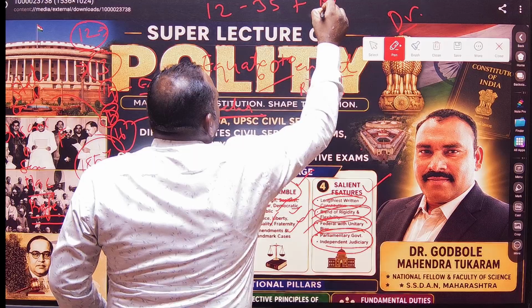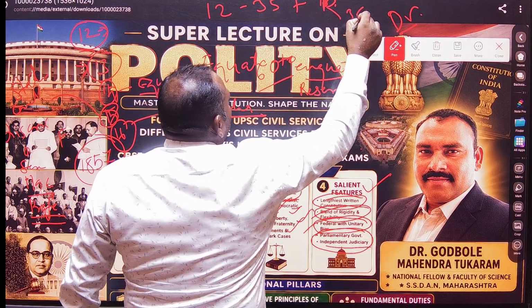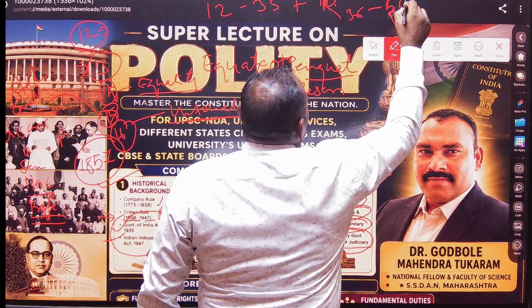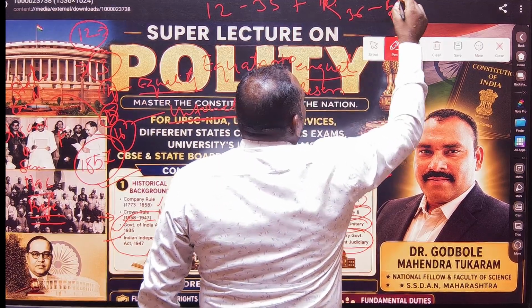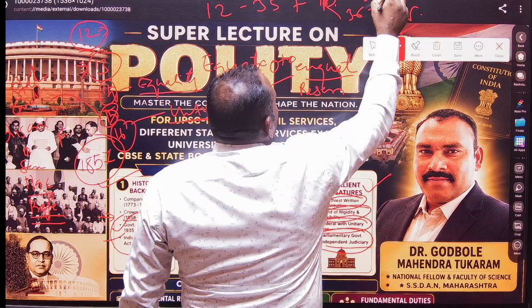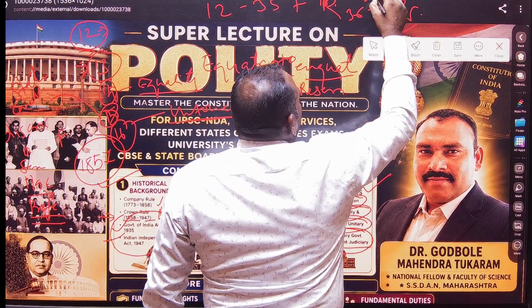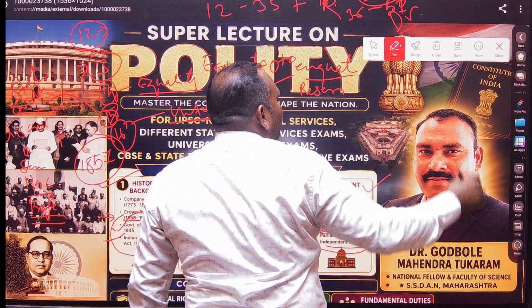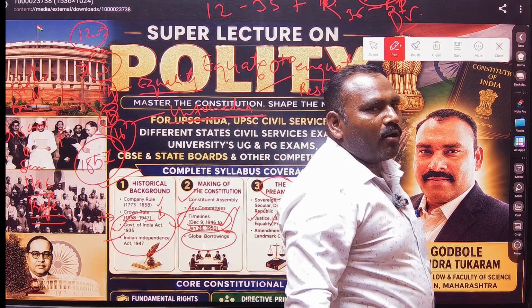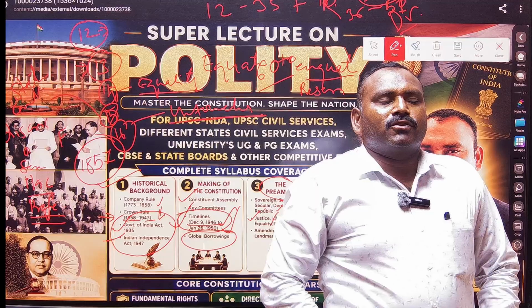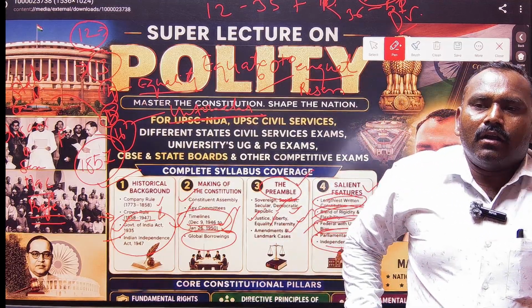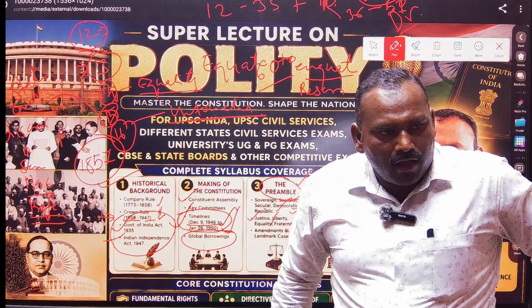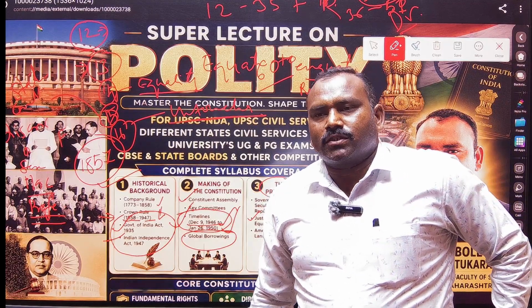Fundamental rights we will discuss, and later on Article 36 followed by Article 51 are the Directive Principles of State Policy. Directive Principles of State Policy are not enforceable by law, but the fundamental rights are enforceable by law.